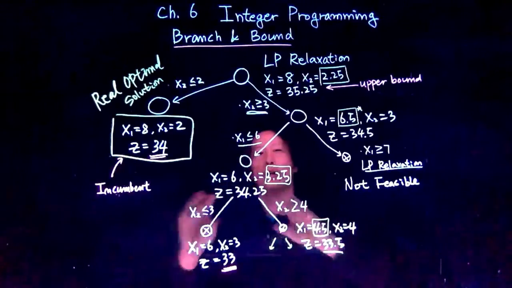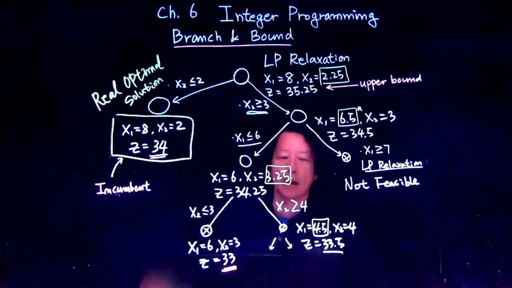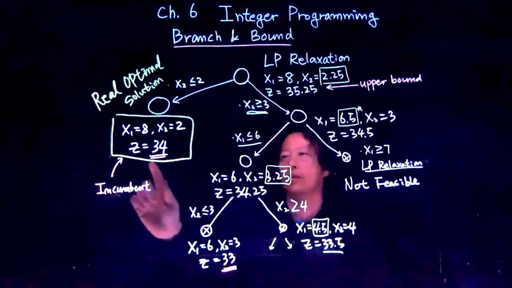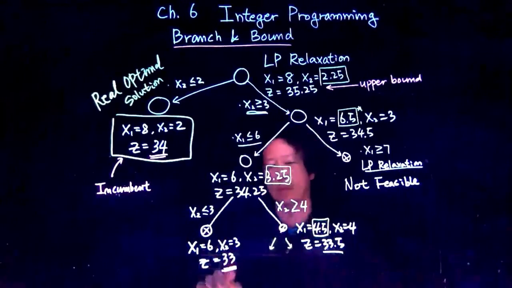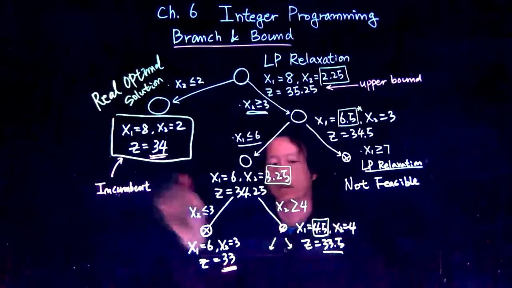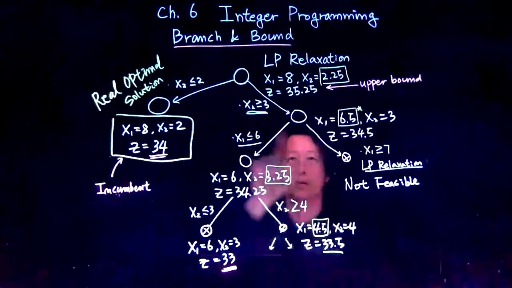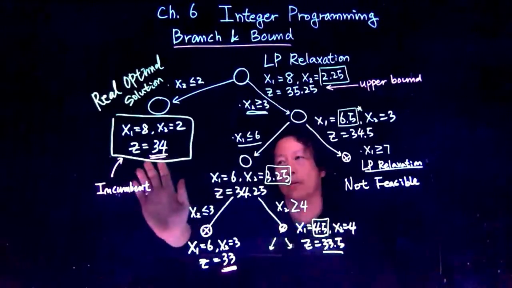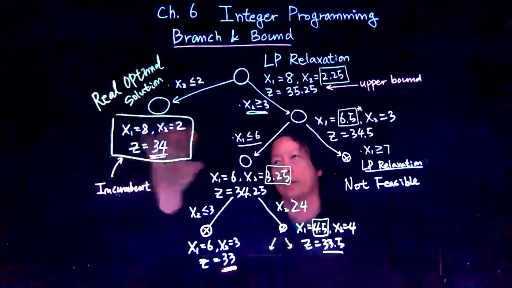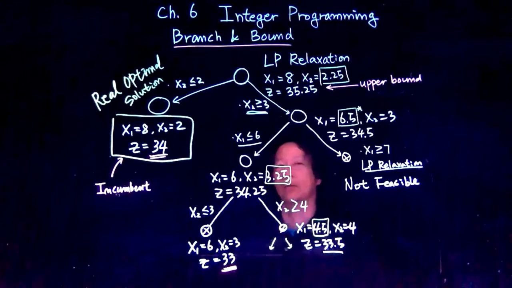Again, we add the constraints, solve the LP relaxation, and we find this is the real optimal solution because we terminated all the areas. All the cases are smaller than this number. This one is not feasible. So on this side, we cannot find any better solution than 34. So this is the real optimal solution. That's how Excel Solver finds solutions to integer programming problems.